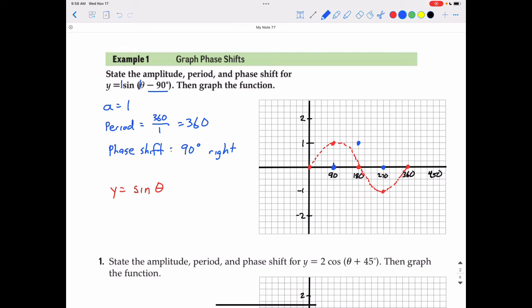The low point is shifted 90 degrees right to 360, and the x-intercept of 360 moves to 450. So this is one full period of the function with a phase shift. And we can follow those same patterns. So it'll have a low point down here at (0, -1). And here as well, if we wanted to continue the pattern for more than one full period, it could look like that.